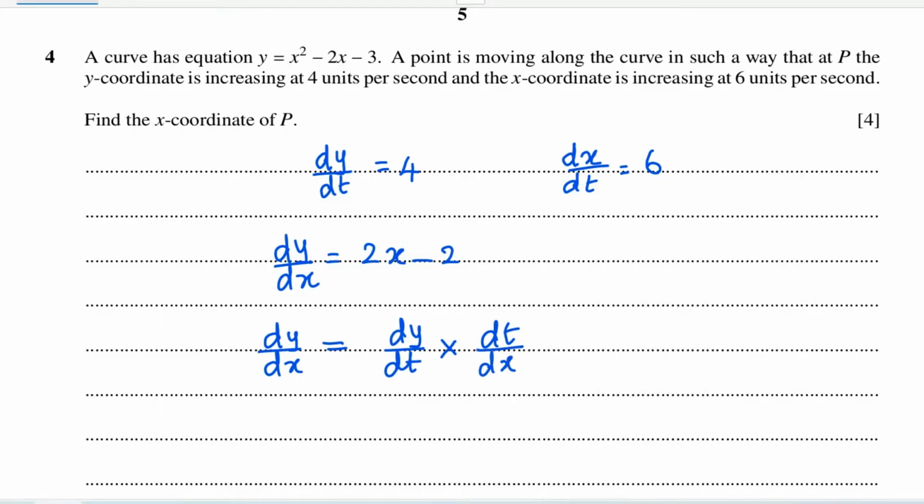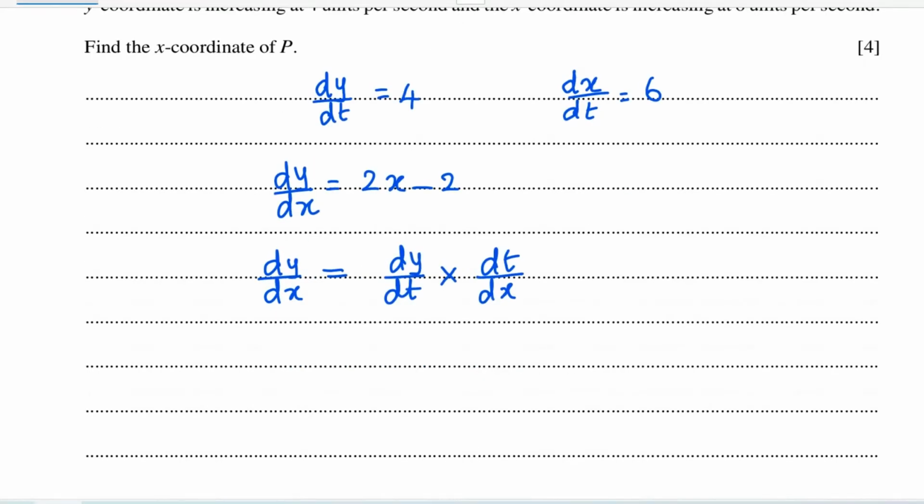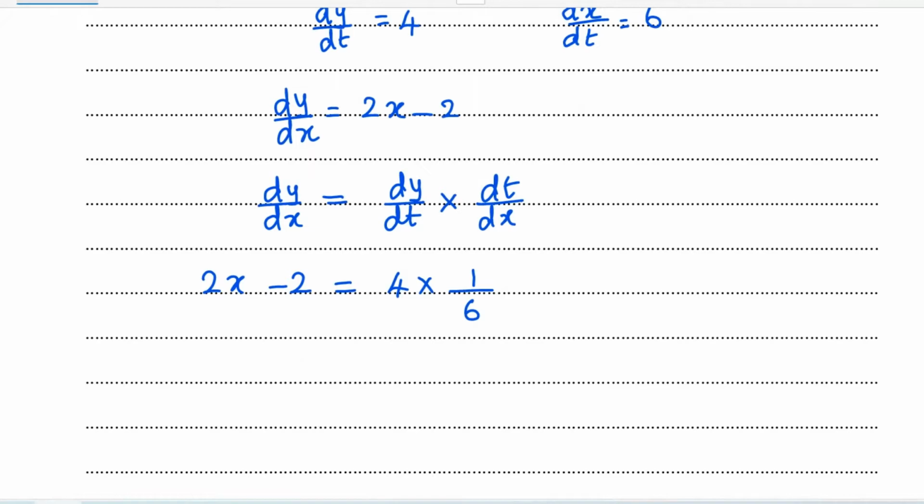So we know dy by dt is 4 and dt over dx is nothing but 1 over 6, and we know dy by dx is 2x minus 2. So this is equal to 4 multiplied by 1 over 6, and 2x equal to 4 over 6 plus 2.